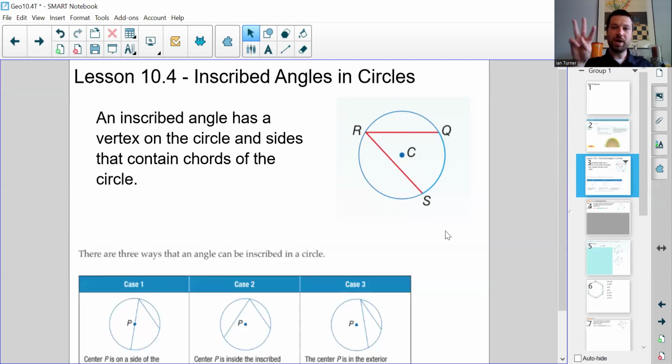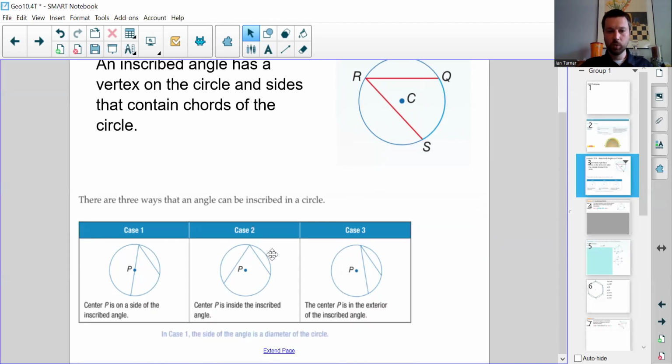So there are 3 ways this inscribed angle could look. You could have the example I just gave you, case 1, where it's going through the middle of the circle. You could also have one where one of your chords is a diameter and it goes through the center.